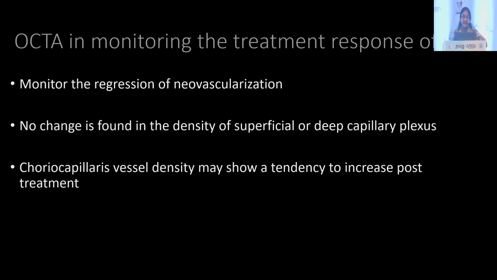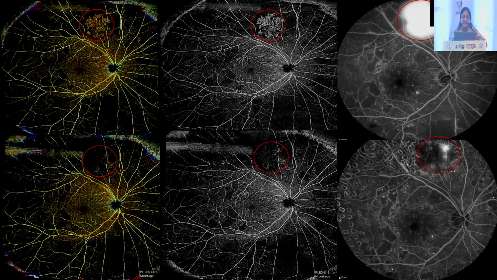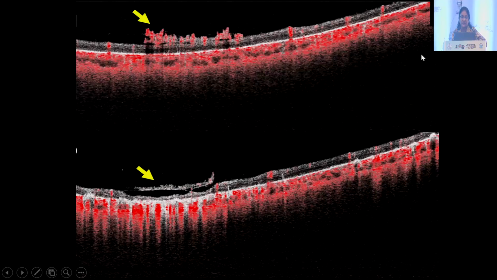So OCTA basically helps in monitoring the regression of neovascularization. No changes were found in the density of the superficial or deep capillary plexus. And this is a color fundus photo, OCTA and FFA, where again pre and post laser you can identify the regression of the new vascularization very beautifully, which is very well seen on an OCTA image.